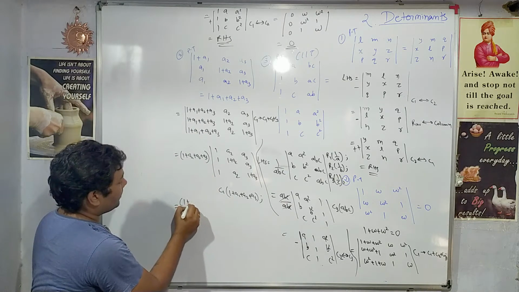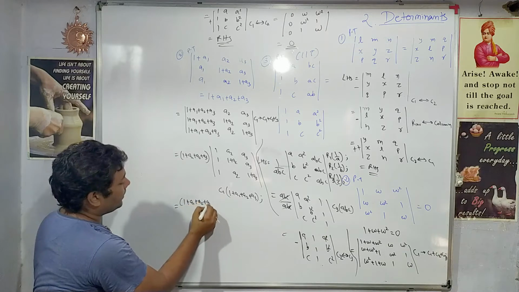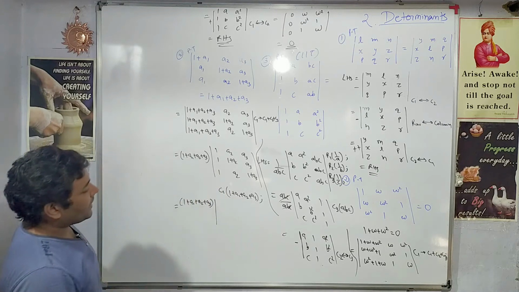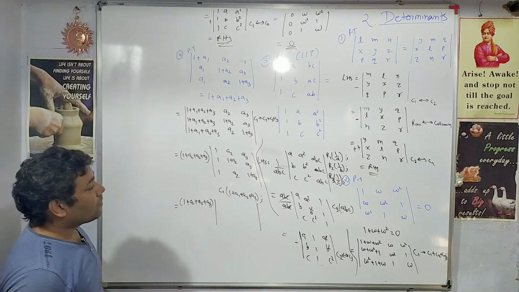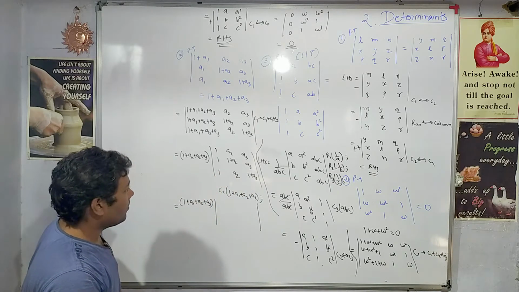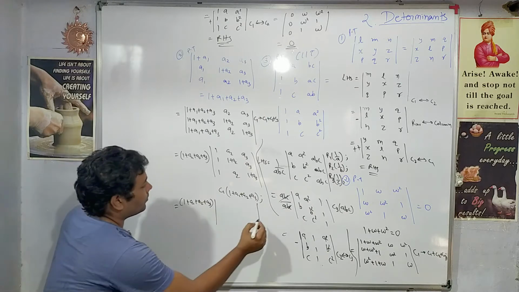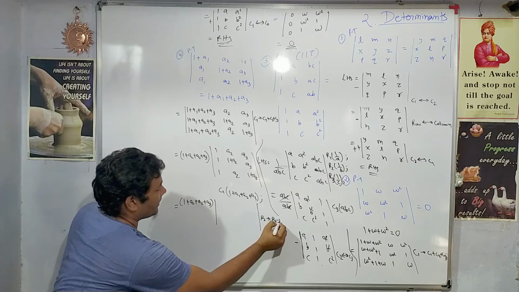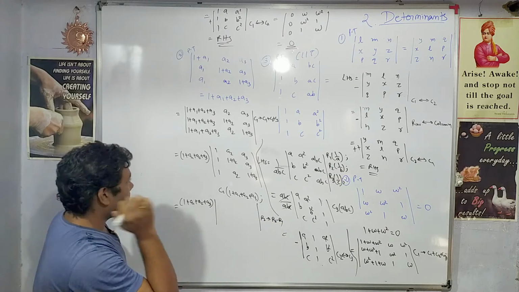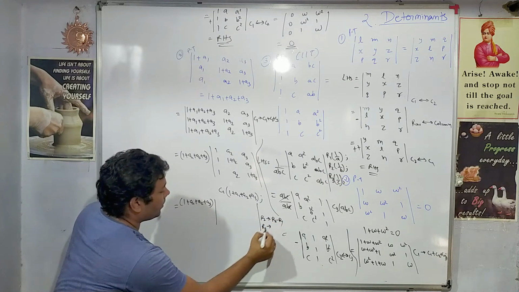So I have 1 plus a1 plus a2 plus a3, and what operation I will carry out here? The operation should be as such that you get maximum zeros. So I will do operation in the second row, and operation will be r2 minus r1, and also I will carry out operation in the third row.